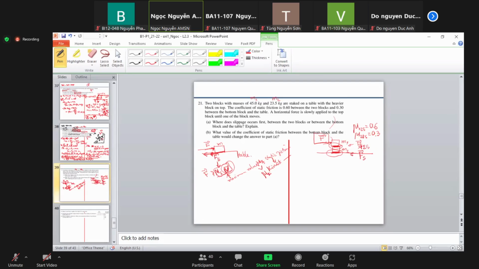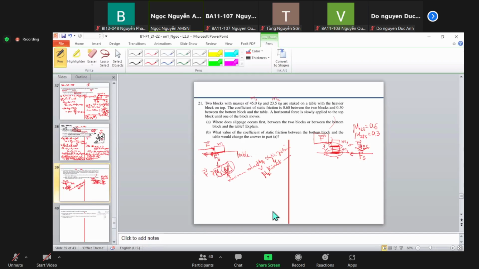Okay, what happens if the maximum value of static friction at this position, I call it 1, is larger than the maximum value of static friction at this surface, I call it 2?